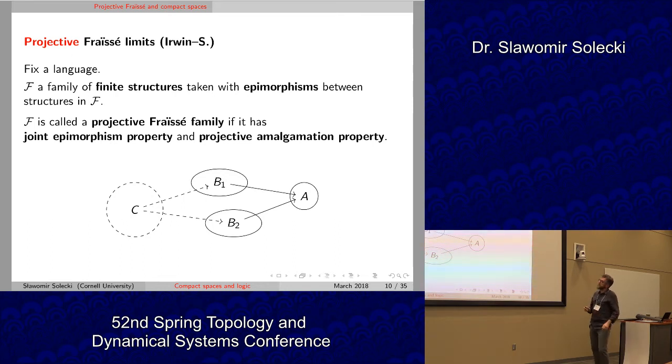Let me just say right away, because it will come out with examples, so I cannot hide it. Often this F, we take a class of structures, and most often you will not take all epimorphisms. You take subcategories.